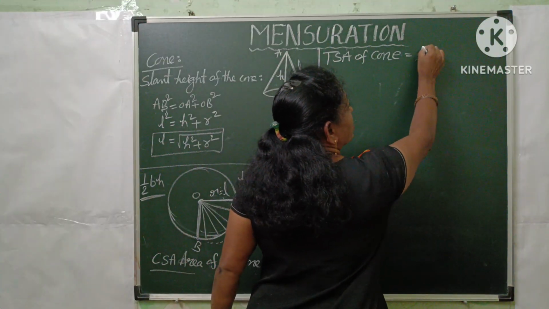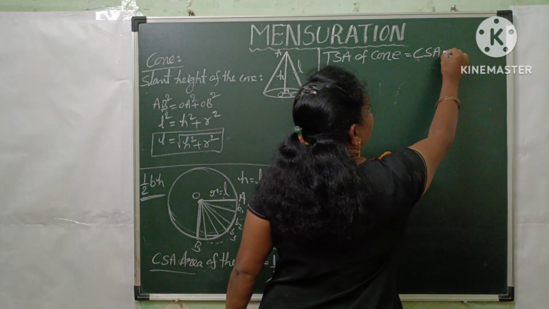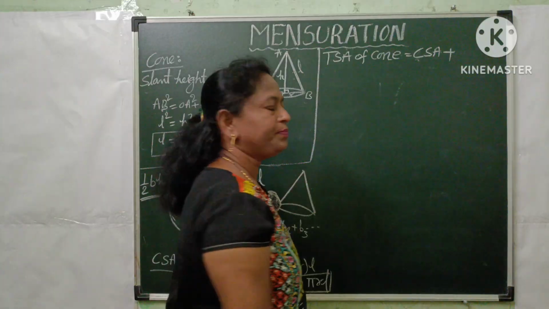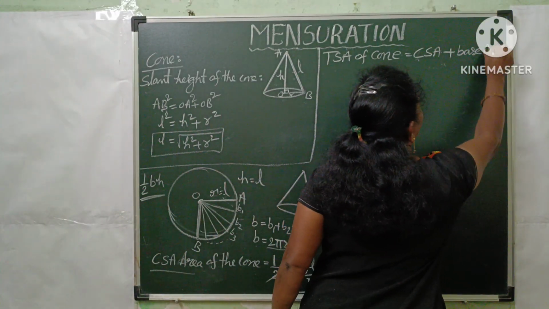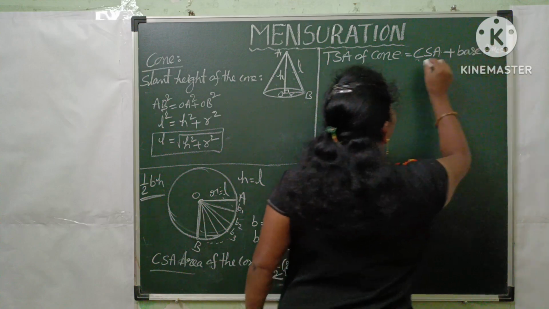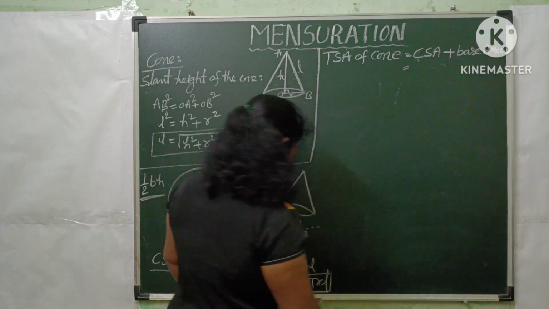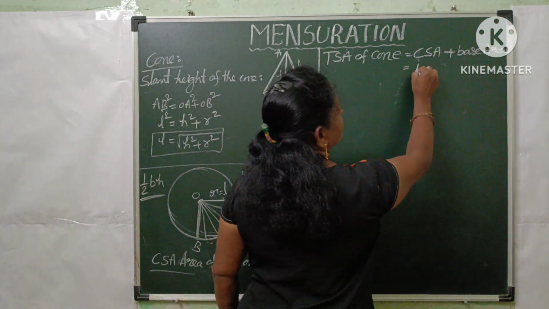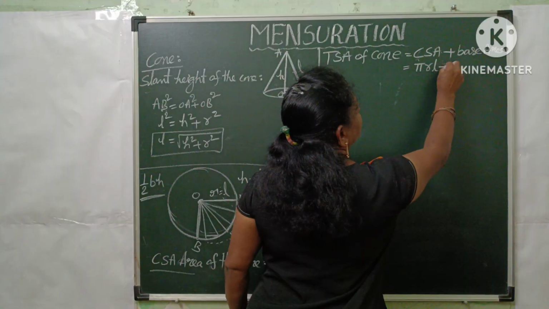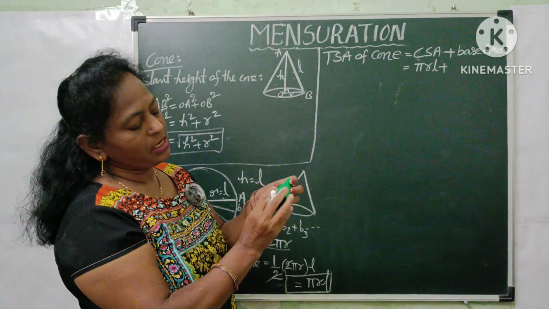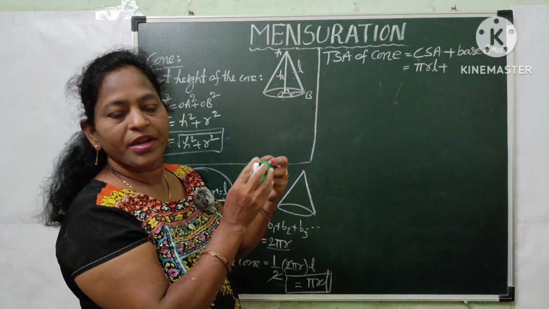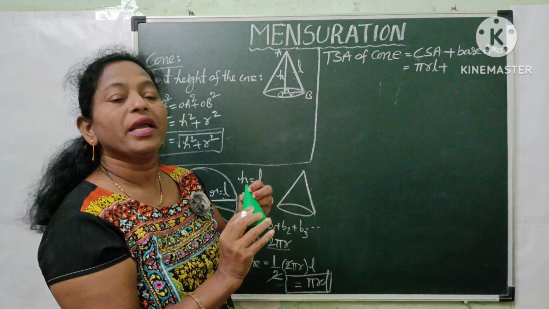LSA or CSA plus base area. Here CSA means what? Pi r L. Plus base area. Base is a circular face. So the area of the circle is pi r square.